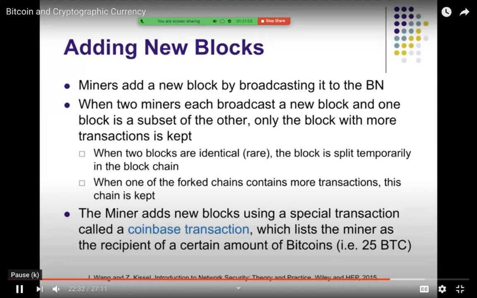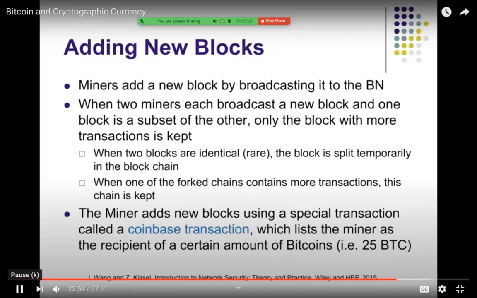This is very unfortunate for the other miner. If he finds a block, but then some other person finds a block that contains this block as a subset, then his block cannot be used.